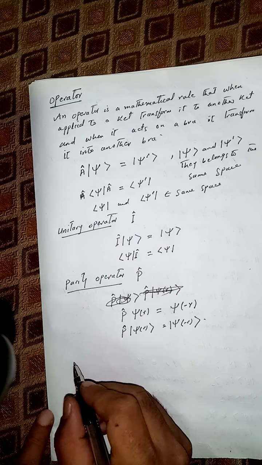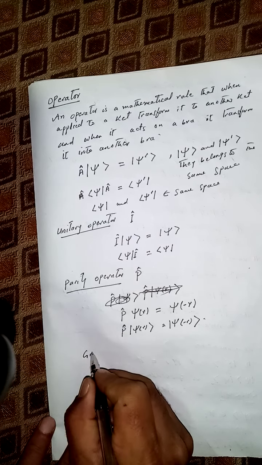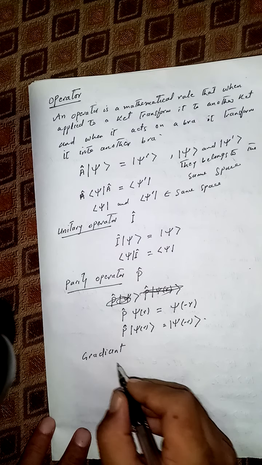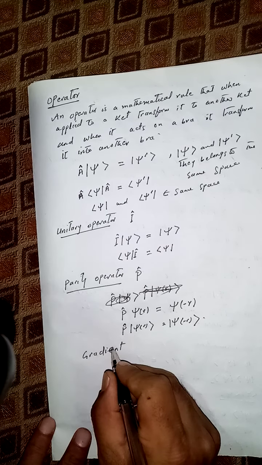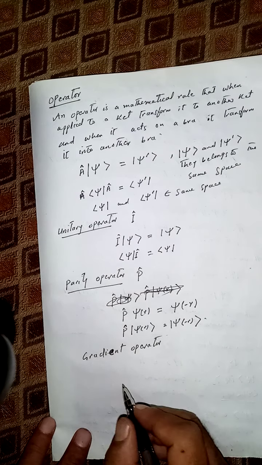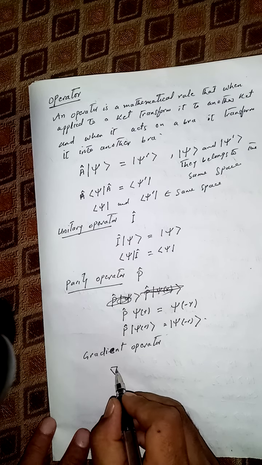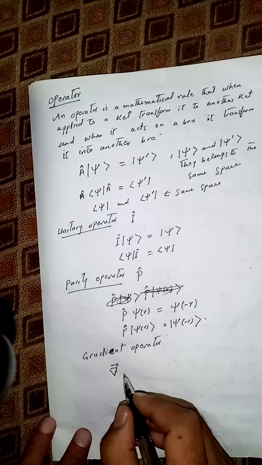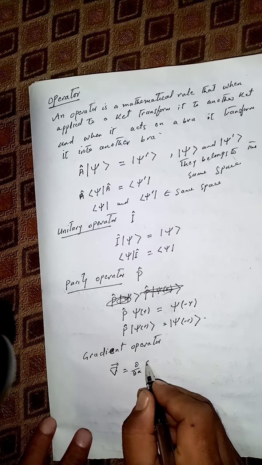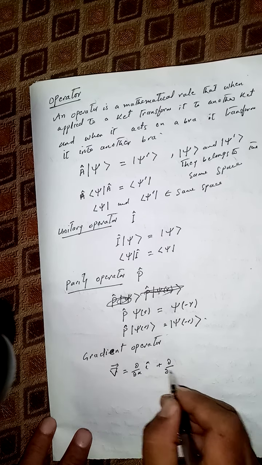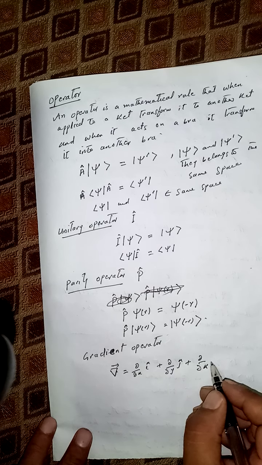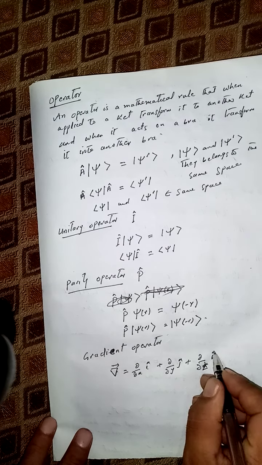Another kind of operator is called the gradient operator. A gradient operator is normally represented by this gradient symbol, which is equal to partial by partial x i plus partial by partial y j plus partial by partial z k.